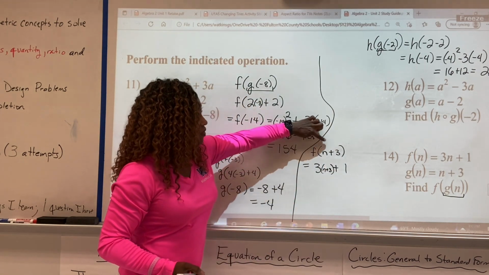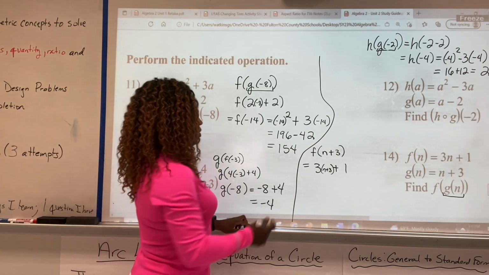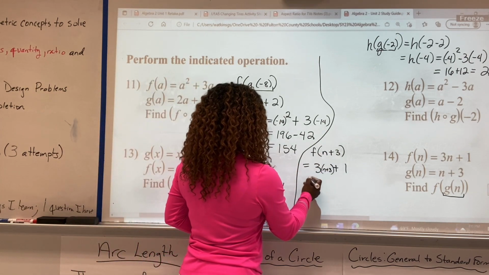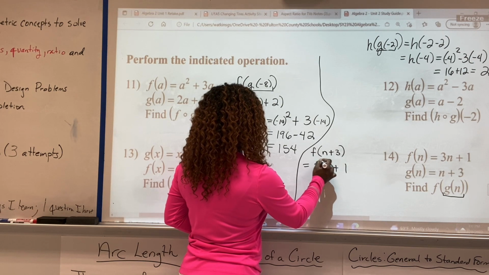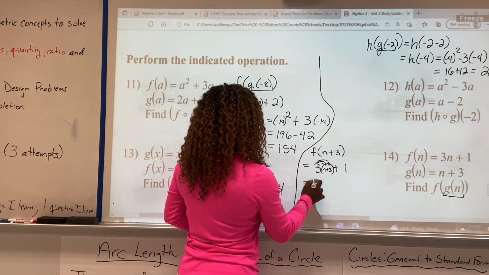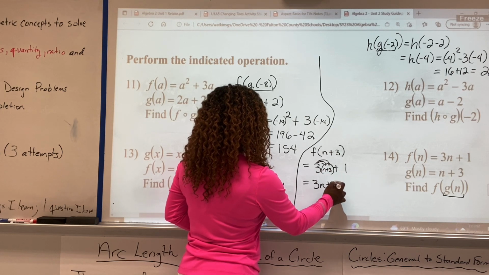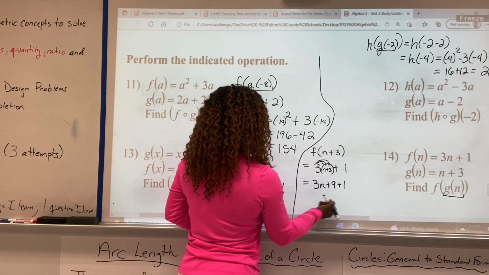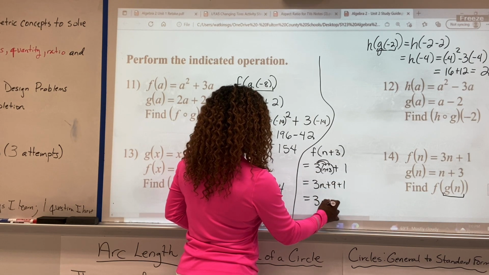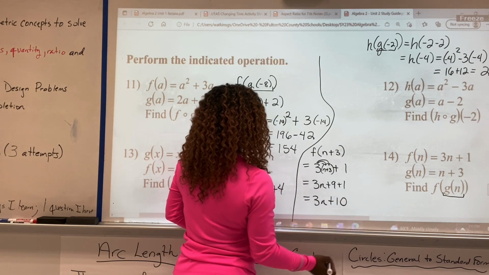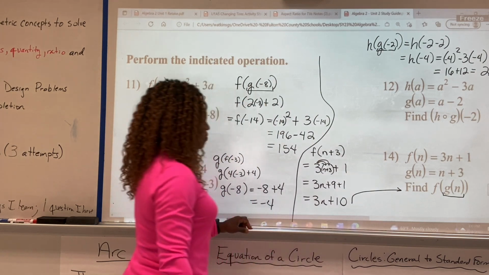Instead of a number like we had on the other ones, I have to replace it with the expression that I have in there. But then it gives me some different kind of work. I see some distributive work that needs to be done right here. So 3 times n is 3n. 3 times 3 is 9 plus that 1. I can combine my 9 and my 1, so my final answer will be 3n plus 10 for number 14. So that's this answer. Not too bad.